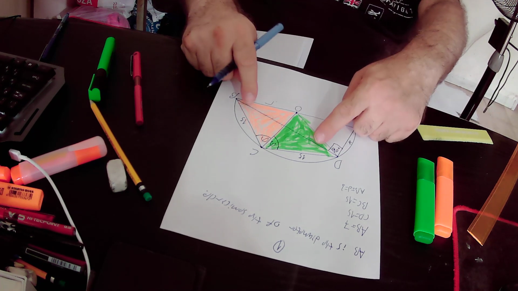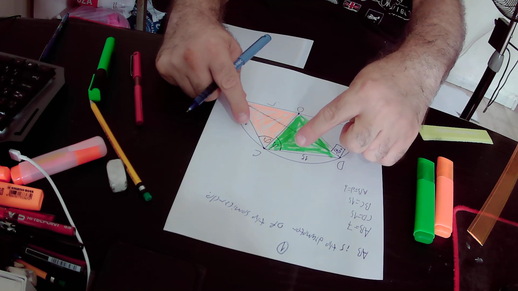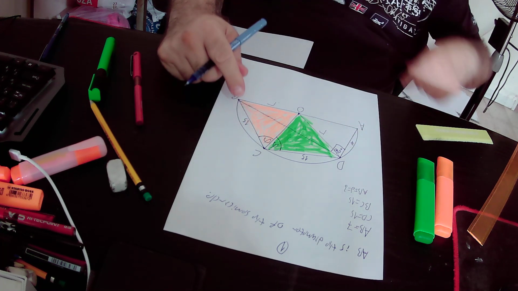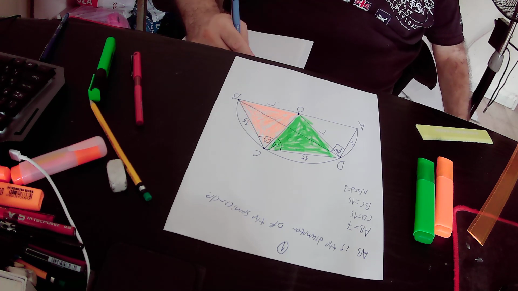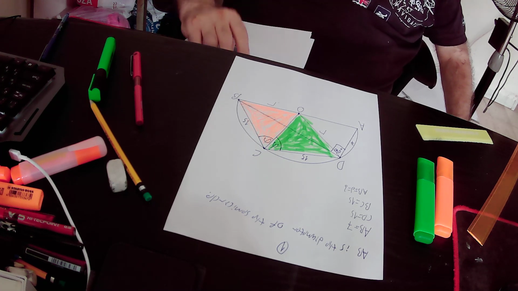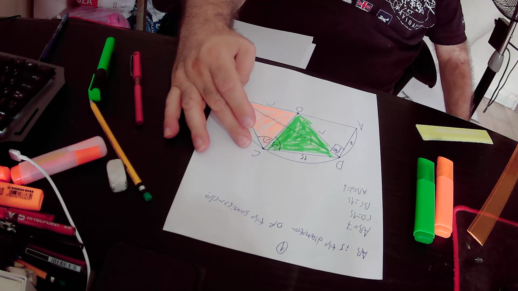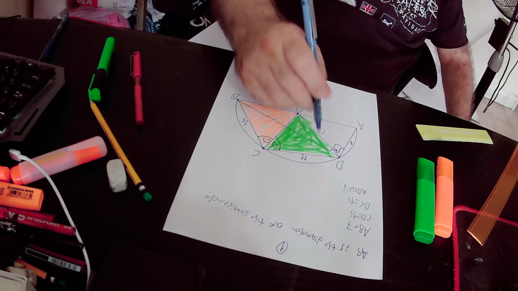In triangle DCB, we have two sides that are equal to each other. DC equals CB. According to rule number 2, in front of equal sides, there are equal angles.